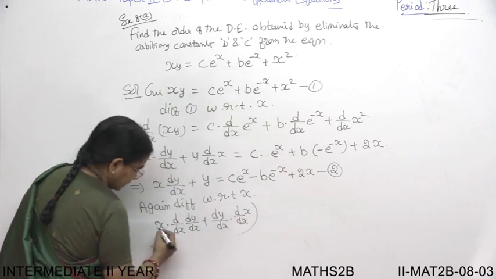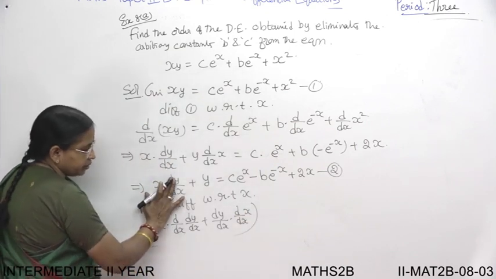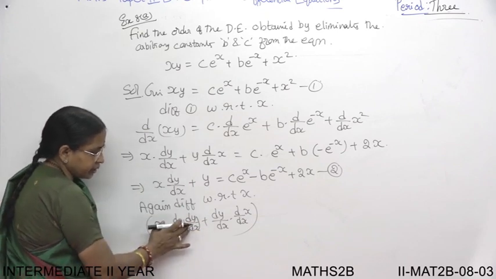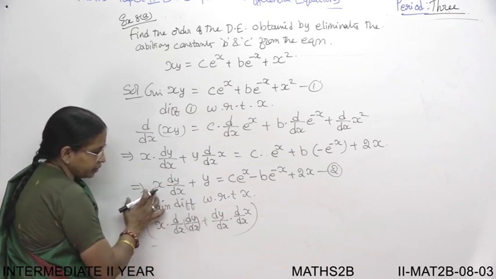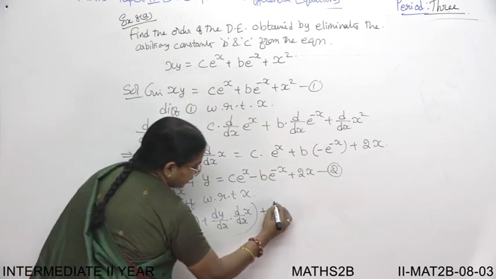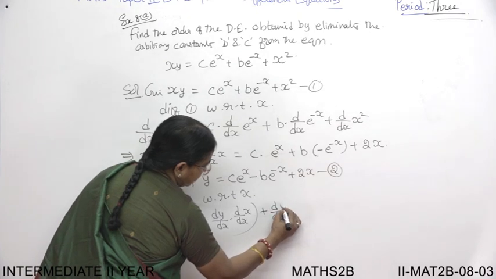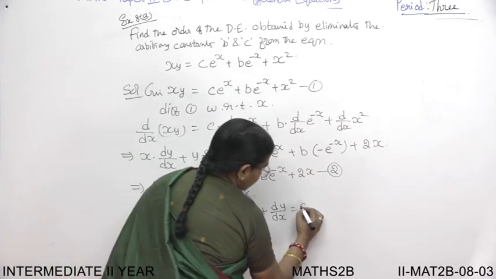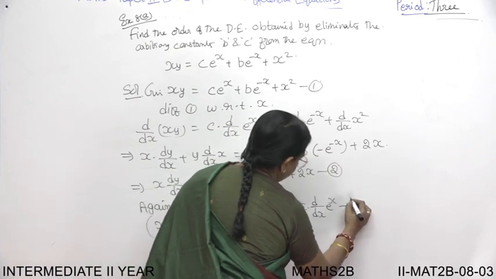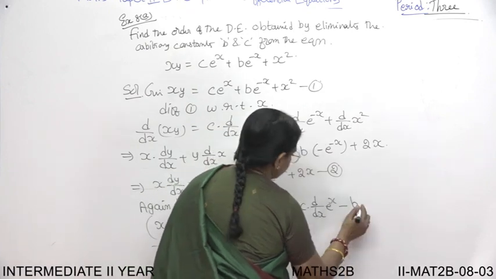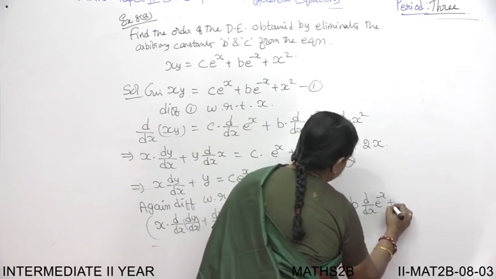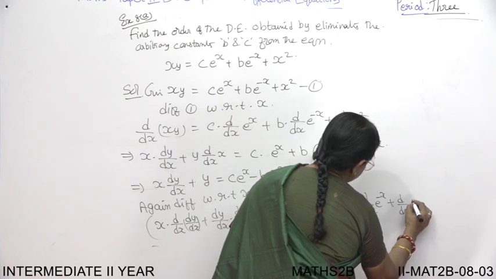That is for the first term: first function into derivative of second function plus second function into derivative of first function. Again for this, plus d by dx of y is equal to c into d by dx of e power x minus b into d by dx of e power minus x plus d by dx of 2x.